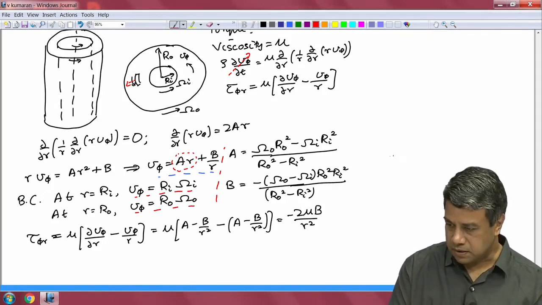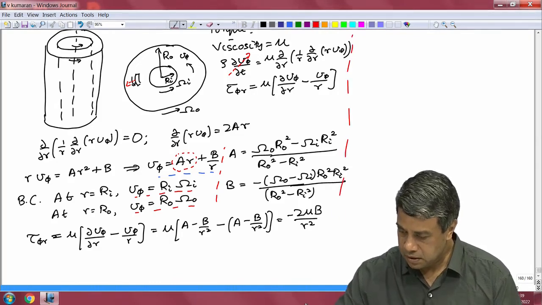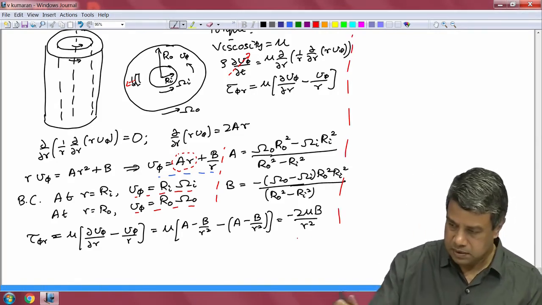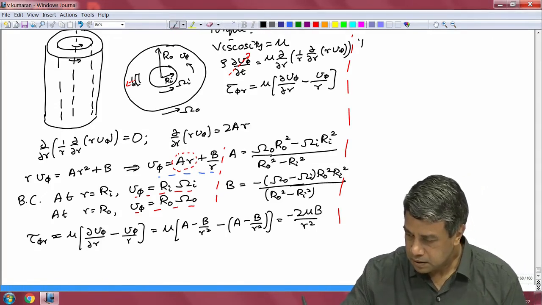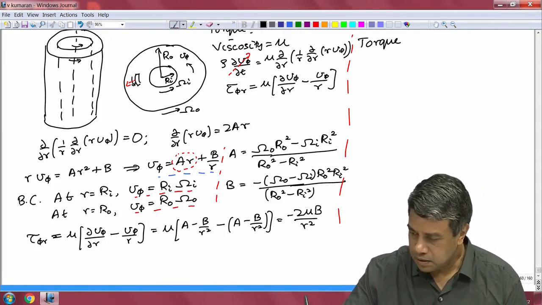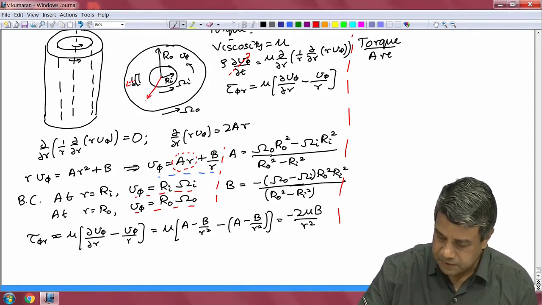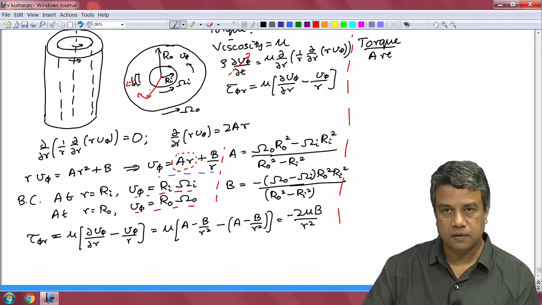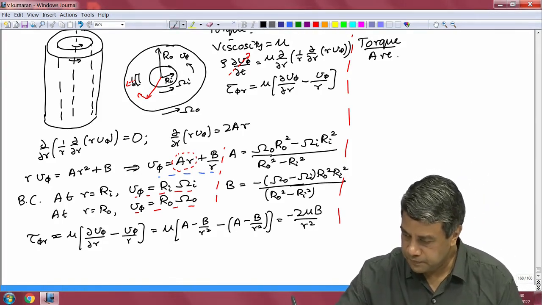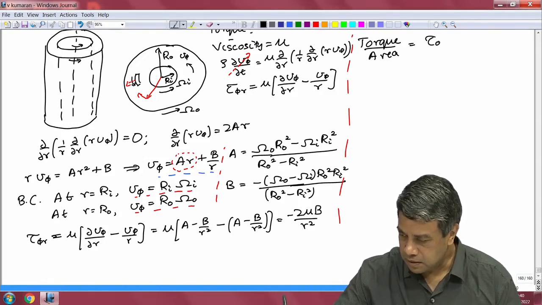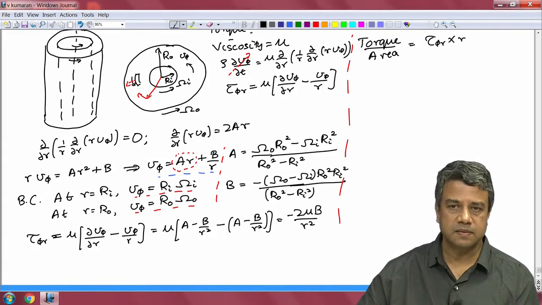Now, what is the torque? We had to originally find out the torque. The torque per unit area at a distance r, where the force per unit area is tau_phi_r, has got to be equal to tau_phi_r into r, because torque is force times the distance from the axis of rotation.